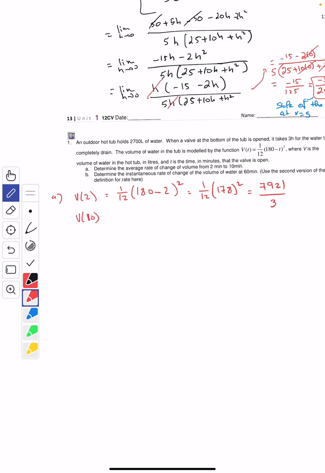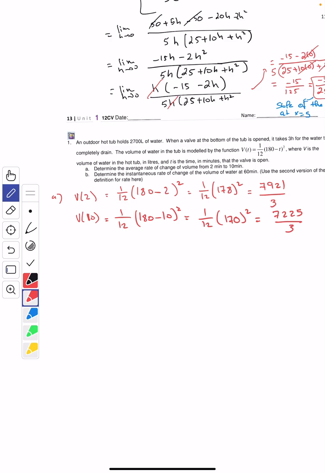Okay, V at 10 now. That's going to be 1/12 of (180 - 10)^2, so 1/12 of 170 squared. And that's going to give me 7,225 over 3. I'm lucky that they're both over 3.